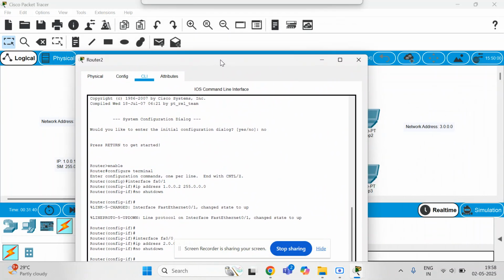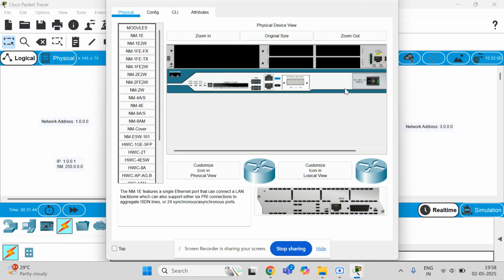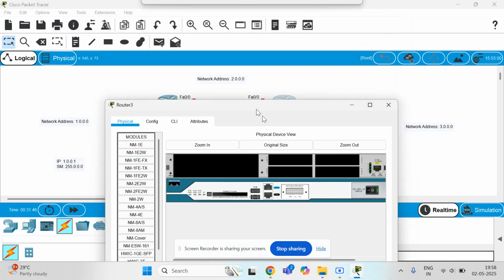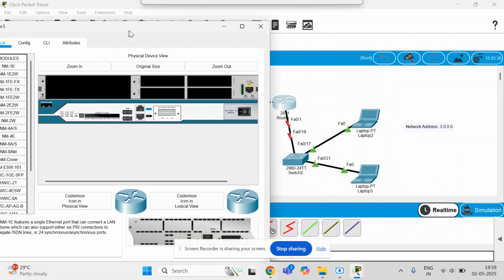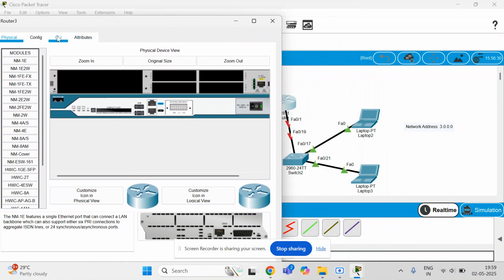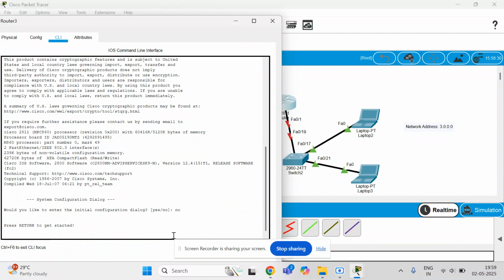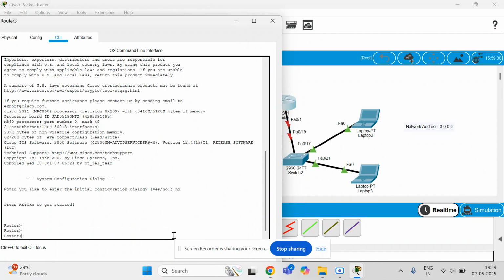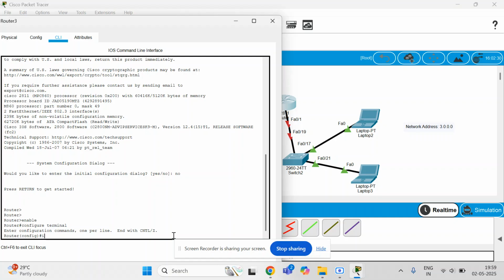Now come to the second router. Here the interface Fa0/0 is connected with the first router, so I am configuring it in the CLI. Would you like to enter the initial configuration? No, we have to do a fresh configuration. Enable, configure terminal.